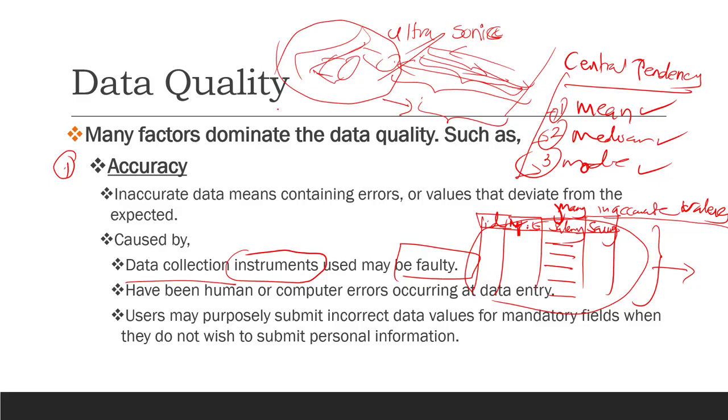How can you sort out this inaccuracy in your data caused by the instrumental error? In your instrument, there are some fault values, and because of that you are getting inaccurate results. So how can you overcome this challenge? While you are doing research, if you have an instrument that has some errors, you are getting outdated values or not getting exact values. So how can you sort out this problem?